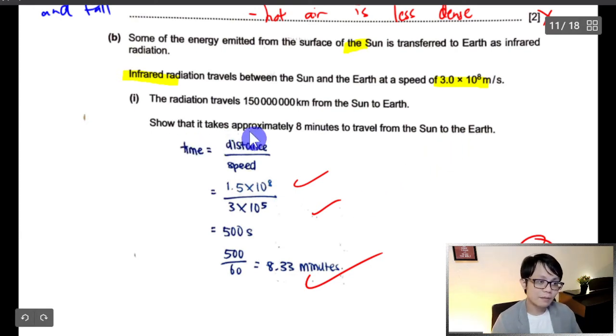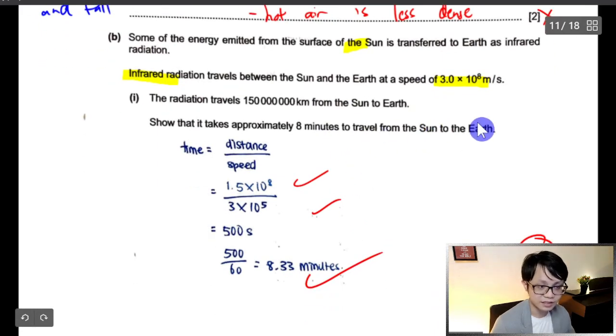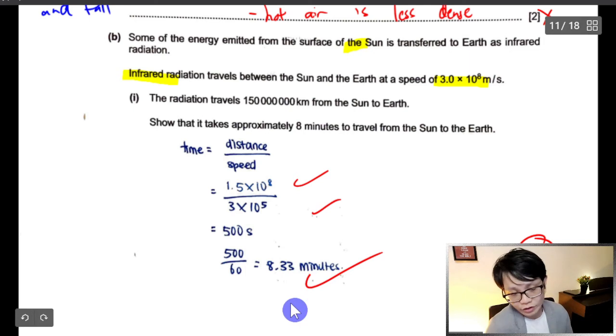How do you know it is 8 minutes from the sun to the Earth? You use time equals distance divided by speed, and you get the time, which is 8.33 minutes.